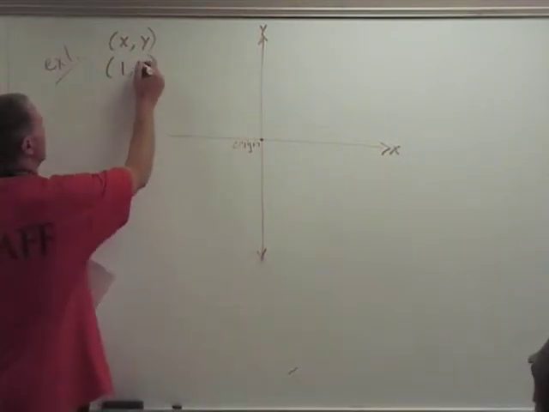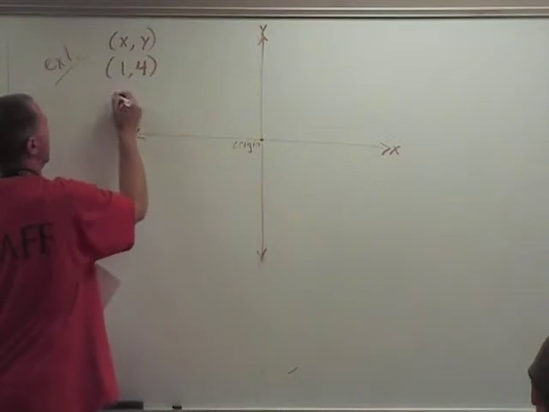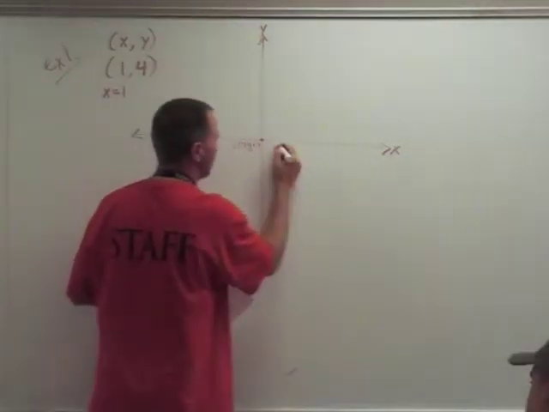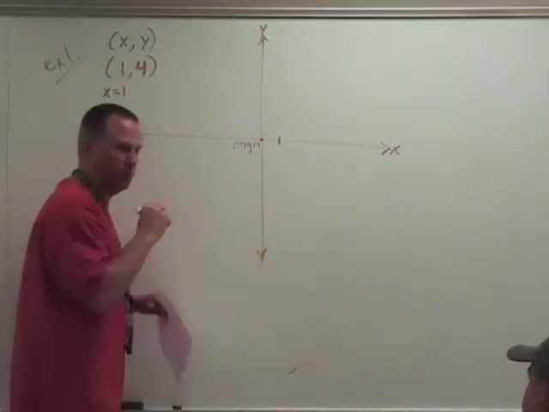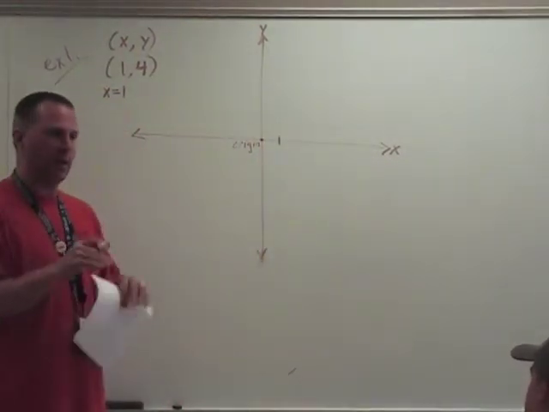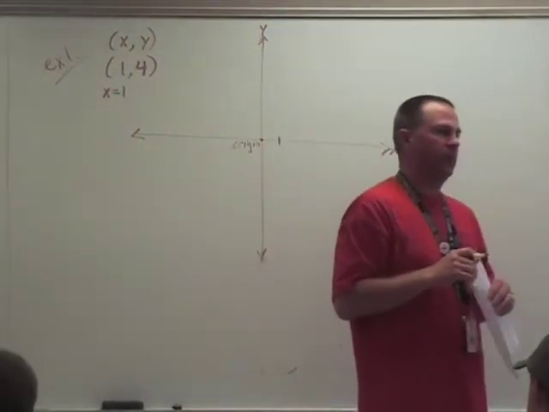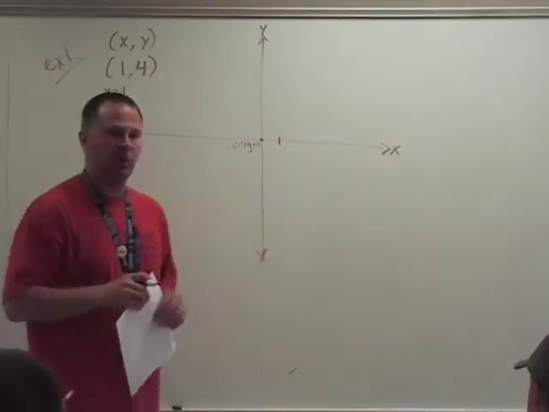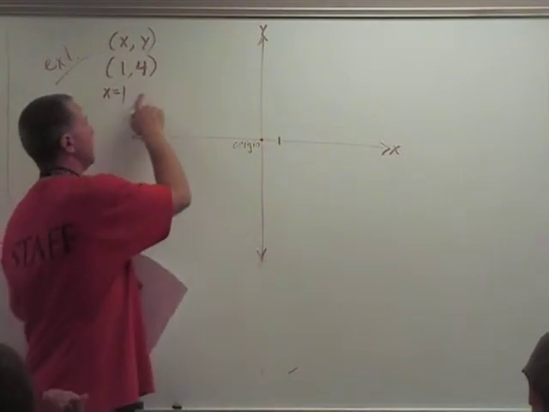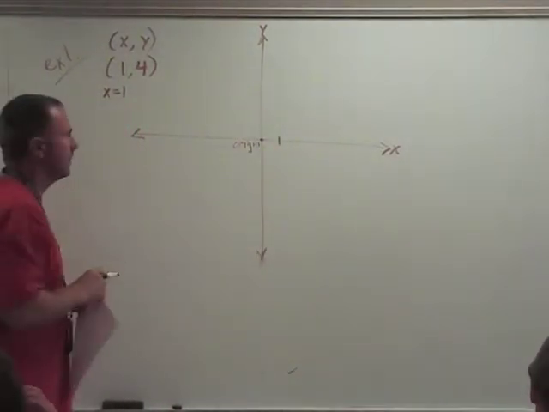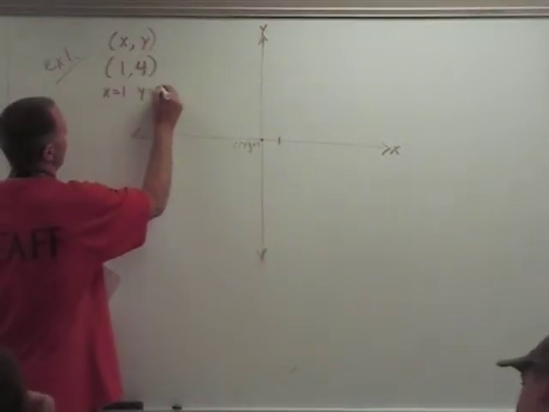The very first thing you do, like we did with the number line, is where is x equals 1? Here's the number line, x equals 1 is right there. Don't put a dot, because we're not just doing a number line. We now need to go up or down based on whatever y is. If y was 0, then yes, you would put a dot there. Alright? But y is now 4. So from 0, we went over to 1.